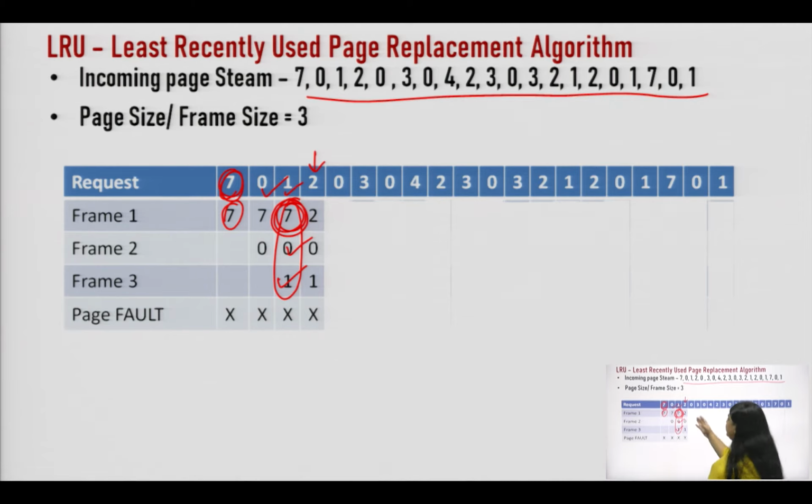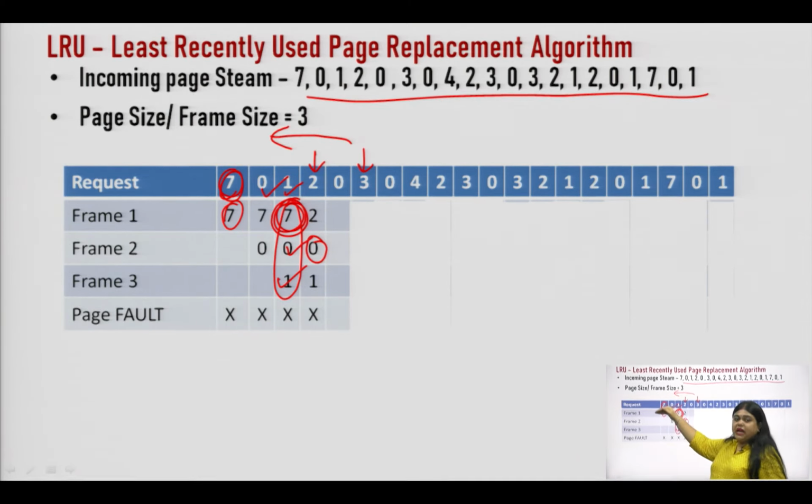Again coming to the next requirement, 0. 0 is already there, so it is going to be a page hit. So, no replacement required. Coming to the next one, 3. Now, when we require 3, we will look backwards in this direction.